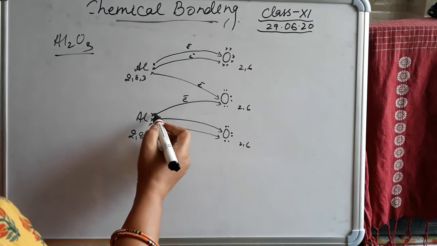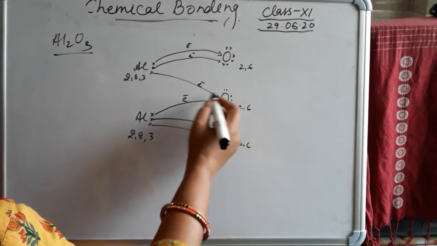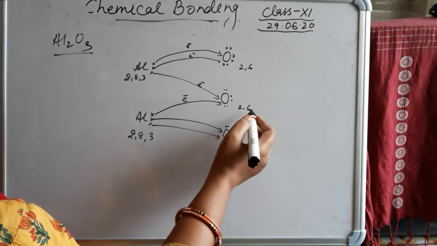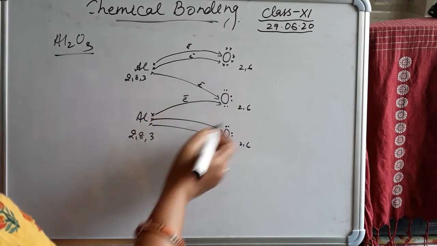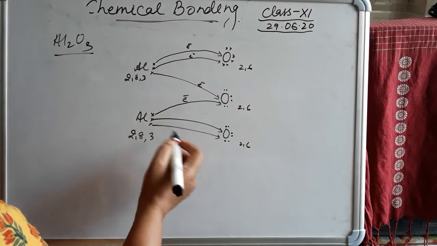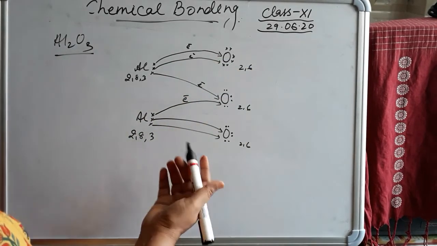Aluminum again loses 1 electron to this oxygen for its stability. After gaining, the configuration becomes 2,8, stable, and in this way there is complete transfer of electrons: one species completely loses and the other completely gains.